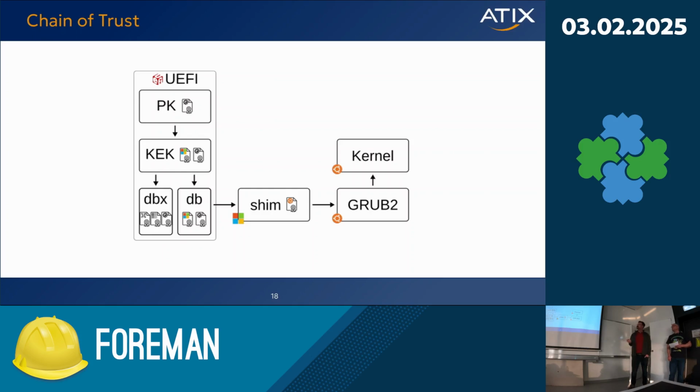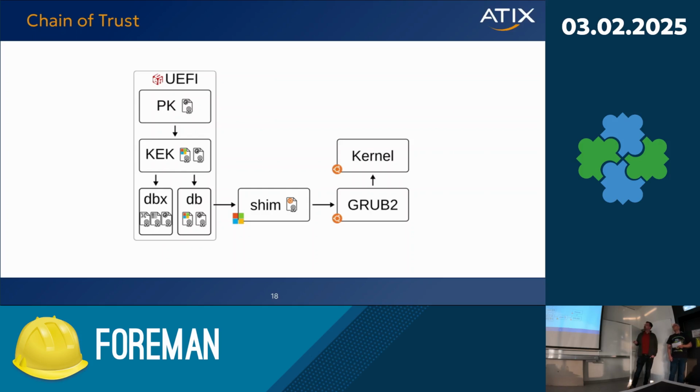And what does this shim do? Basically this shim is for decoupling from this part, which is coming from your distribution or distribution vendor. As you can imagine, the grub binary and your kernel are regularly updated, so they are signed by the distributor quite often.